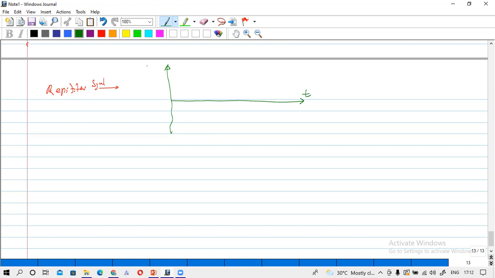So this is T and this is X, okay? So my signal is like this. I get this point as T1.